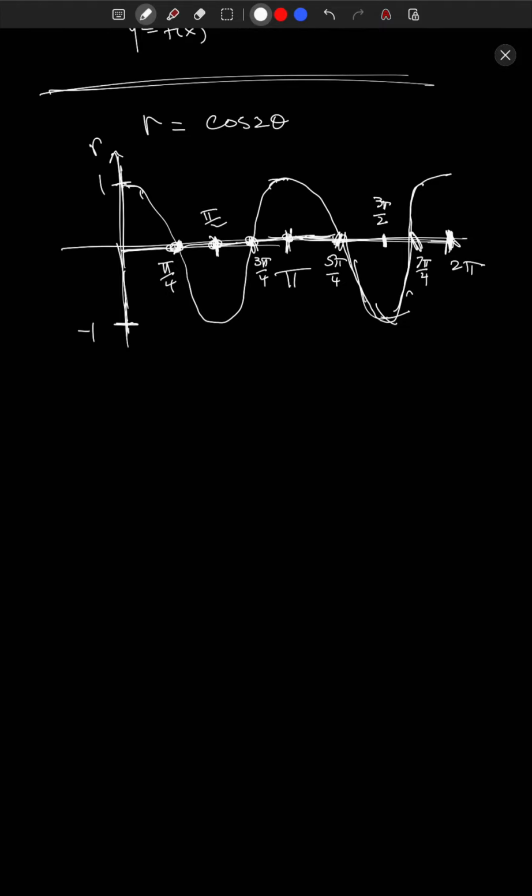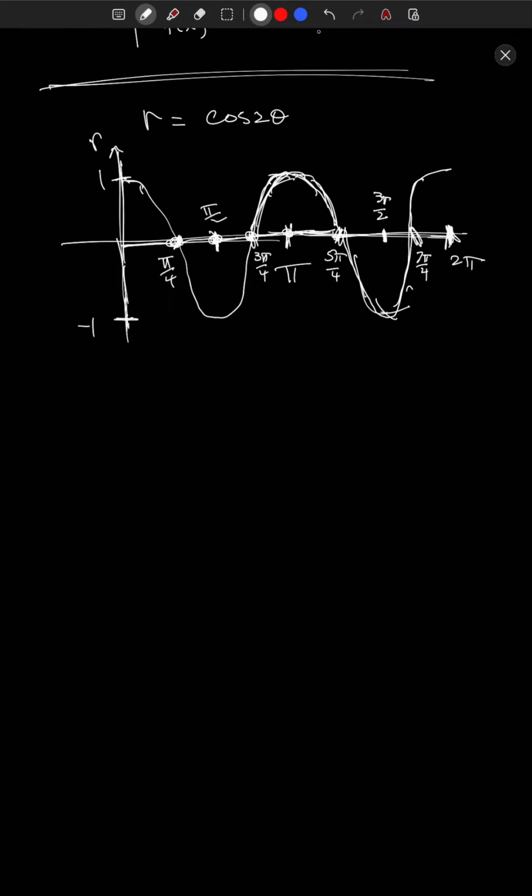So what we're going to do is look at each of these portions of these humps individually and draw our pictures that way. What I mean is this first hump, let me label it. We're going to draw this portion first. Let me call that 1. This portion from 0 to pi over 4 represents, in terms of ultimately the picture that we want, let me draw that here. This is x, this is y.